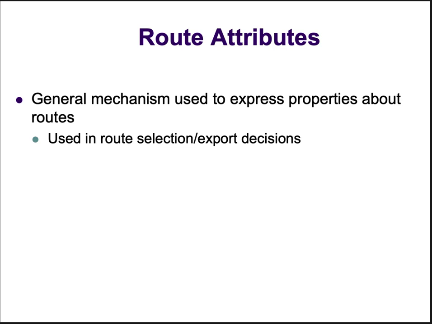One way mentally to think about it is it's a set of key-value pairs associated with a route, where the key is a particular attribute type, the value is the value of that attribute. And we're going to use those to implement policy and to do route selection and route export decisions.